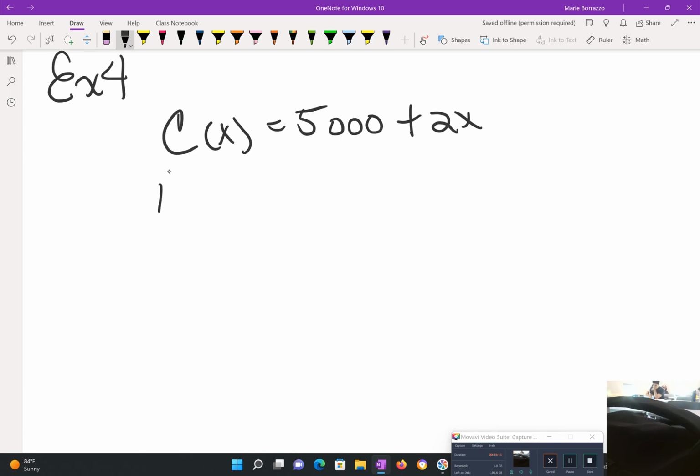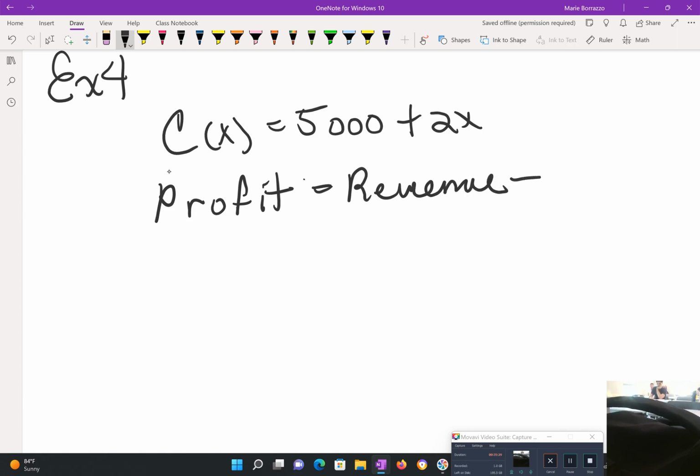Take a look here. We begin with the profit function. Remember that chapter we did on marginal cost, marginal profit? Profit equals revenue minus cost. So P of x is equal to R of x minus C of x.